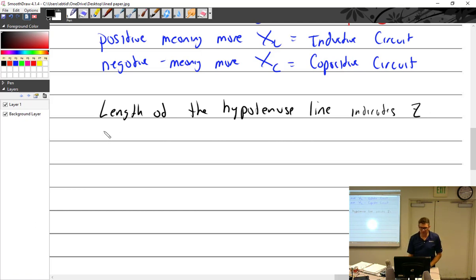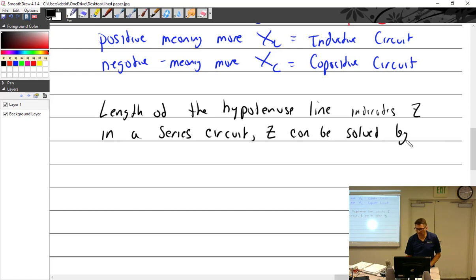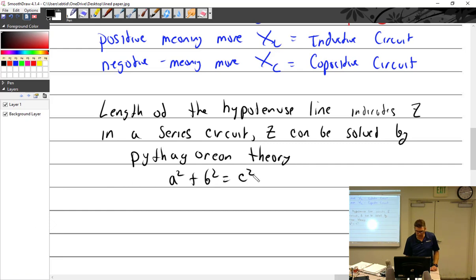All right, so in a series circuit, and you'll be happy to know we're just going to do series, Z can be solved by the Pythagorean theorem, which is a squared plus b squared equals c squared.